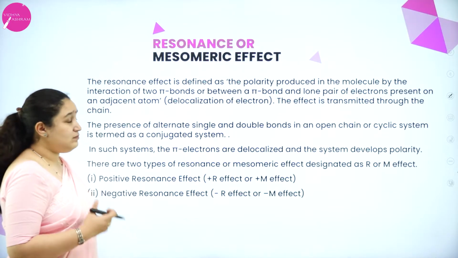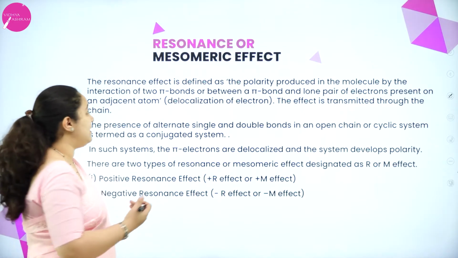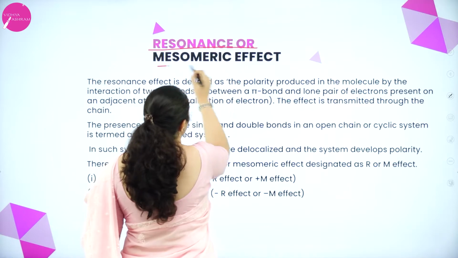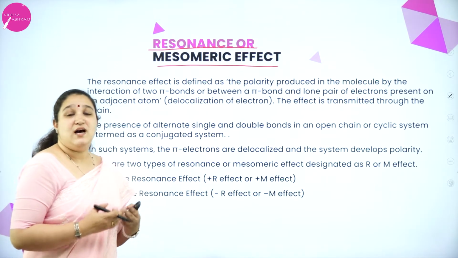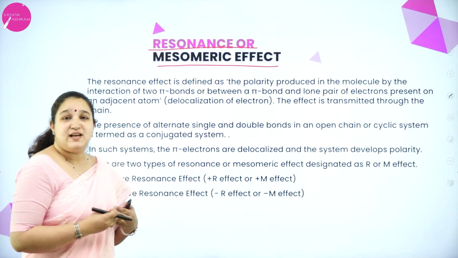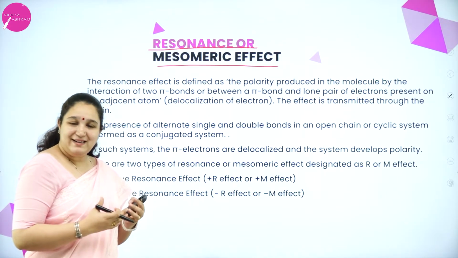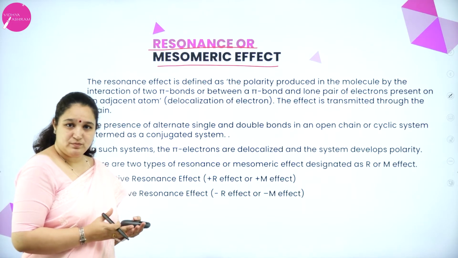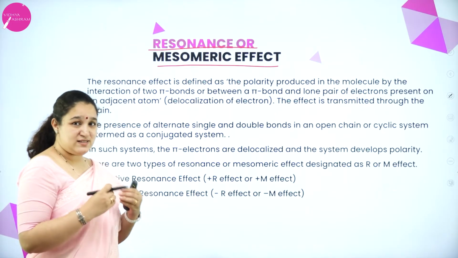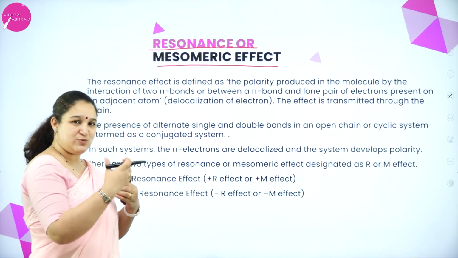Next is the second type of effect called the resonance or the mesomeric effect. Now what is resonance effect? The resonance effect or the mesomeric effect is when polarity is developed in the molecule. That is two poles, one negative charge, one positive charge.